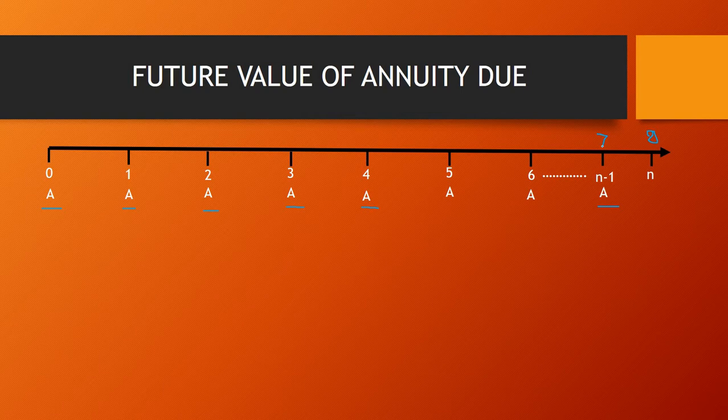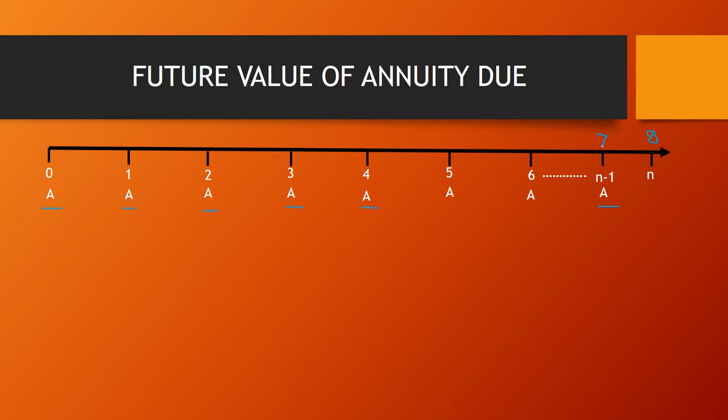Now one thing more that you have to remember, that over here 1, 2, 3, 4, 5, 6 represents your period. If your period is years, that means 1 will represent end of year 1, 2 will represent end of year 2, 3 will represent end of year 3 and so on. And if your period is in months, 1 will represent end of month 1, 2 will represent end of month 2 and so on.